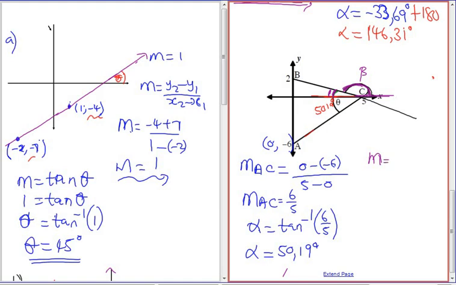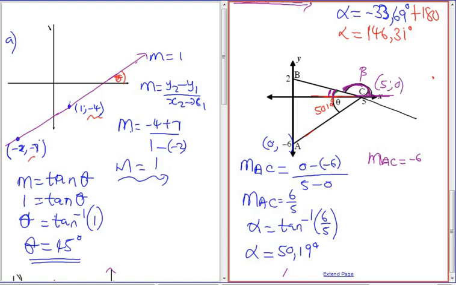So to calculate beta, I'm going to use the gradient of that one. So let's calculate the gradient of AC. So that will be, don't forget, A is -6, 0. And for C, the coordinates at C are 5 and 0.